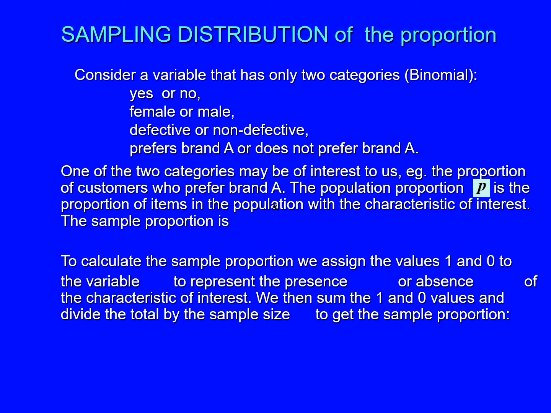That's from all products from that factory in general, not a sample, and it is P. If we do not know this percentage, we want to estimate it and make inference about it, so we take a sample first, and we have a sampling distribution of the sample proportion, right?